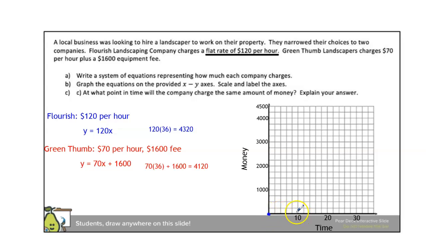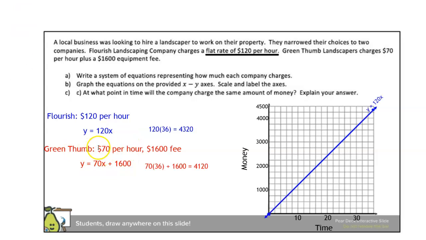Actually, wait a second, we already have our 36th value. At 36, it's 4,320. This is 4,000, this is 4,250, so 4,320 is going to be right around here. I'm going to put my dot here, and connect these two points with a straight line. Yes, that's right, you only need 2 points to make a straight line.